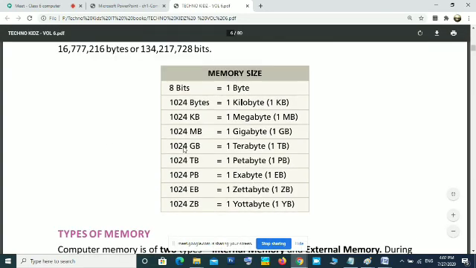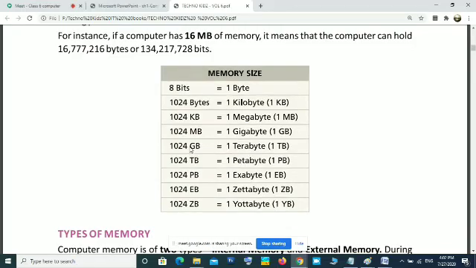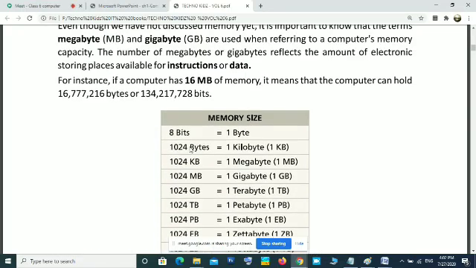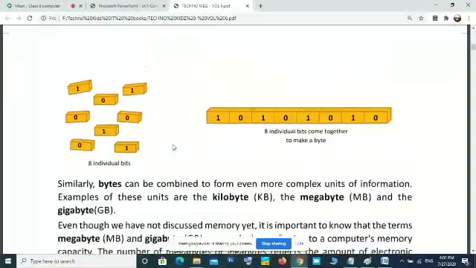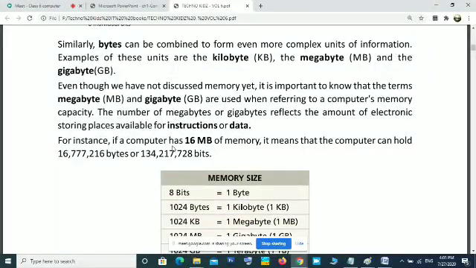Okay, do you have any other doubt? These are the things explained in our first chapter: computer memory, how memory is allocated, that is how data is stored in your memory, and the measuring units of memory.